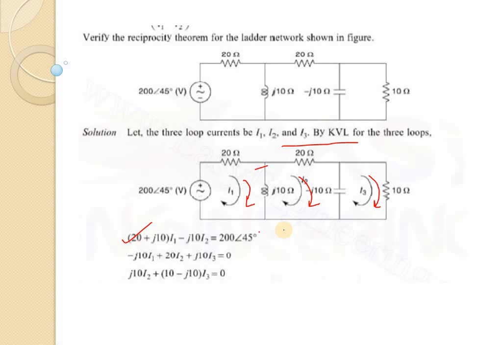We get 20 I2 plus j10 (I2 minus I1) plus minus j10 (I3 minus I2), and combining this we get minus j10 I1 plus 20 I2 plus j10 I3. In the third loop we get j10 I2 plus (10 minus j10) I3 equals 0. These are the three equations we get.